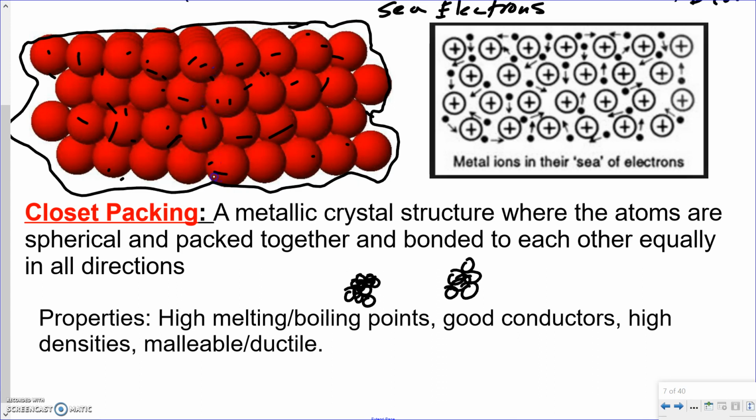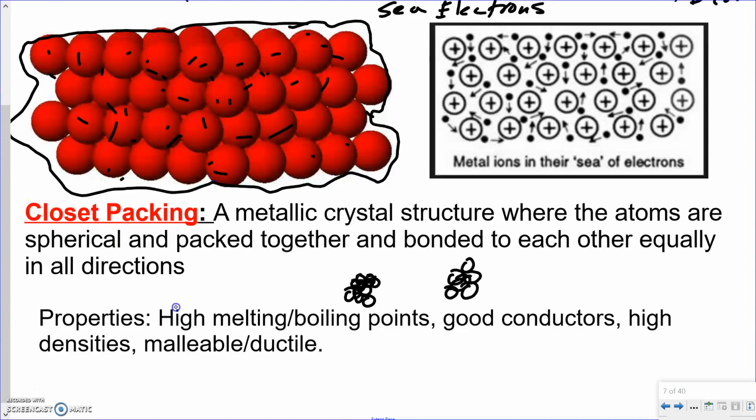And that's going to be so on and so on. So just imagine taking a bunch of tennis balls and layering them on top of each other. Okay, and that's what the closest packing system is. And that's going to play a role when we look at alloys in just a minute because of how those holes interact with the different types of molecules as well as what the atoms will do with themselves.